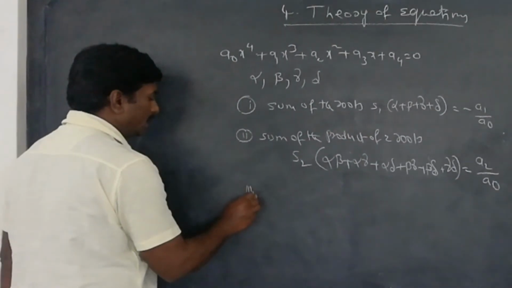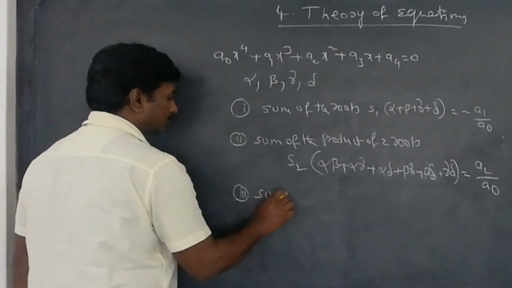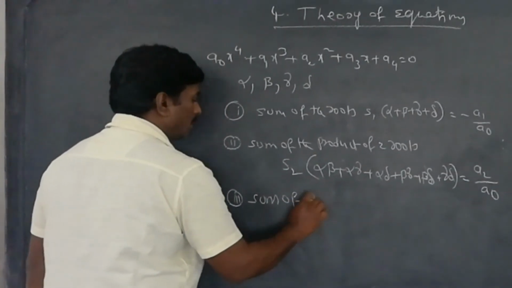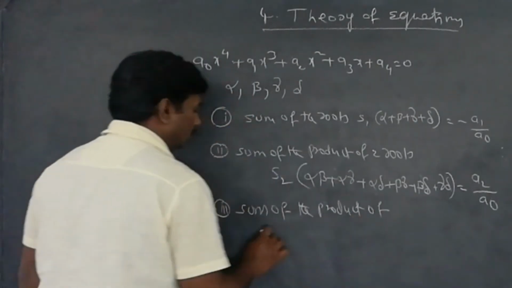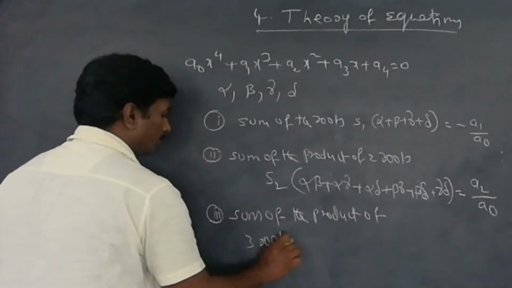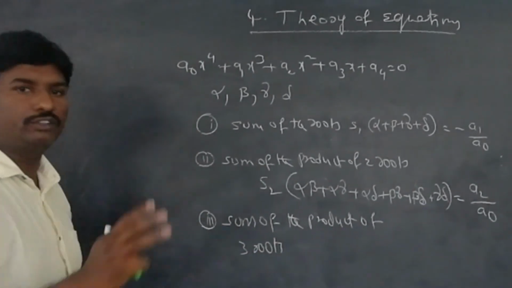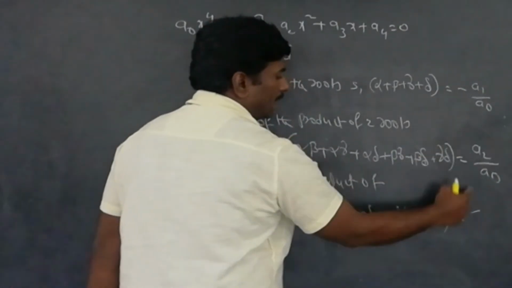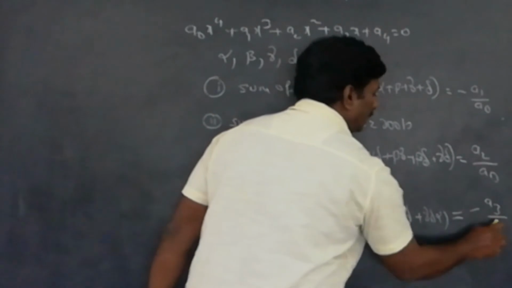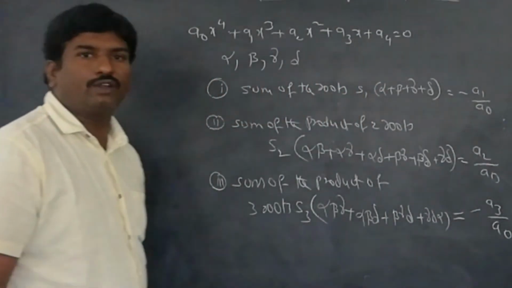Next, the third condition, sum of the product of 3 roots, that is S3. Again minus plus minus, A3 by A0, that is leading quotient.